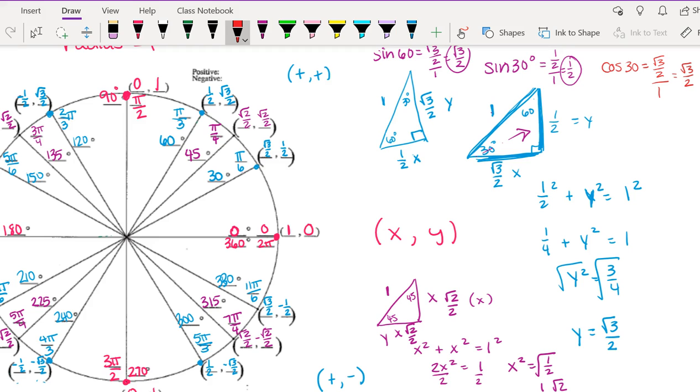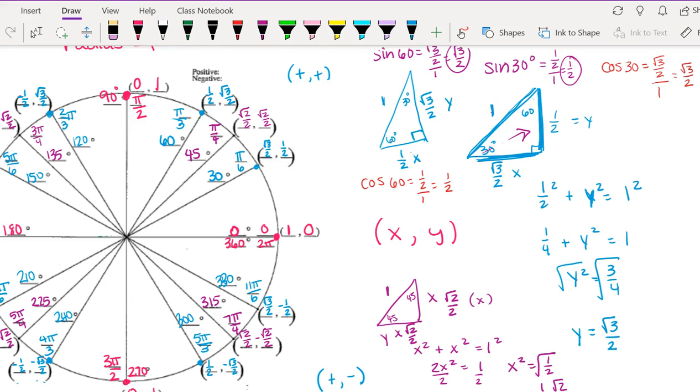If I look at 30 degrees, there's the square root 3 over 2. If I asked you for the cosine of 60 degrees, cosine 60 is the adjacent over the hypotenuse. That's 1/2 over 1, which is 1/2. It's the x value of the ordered pair.